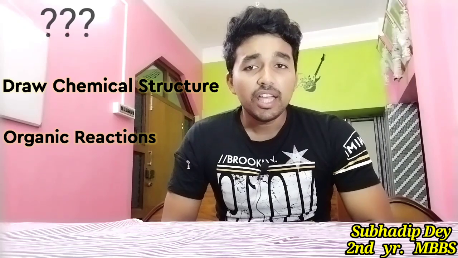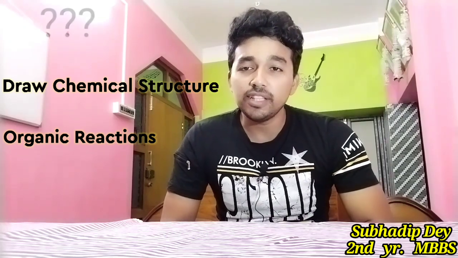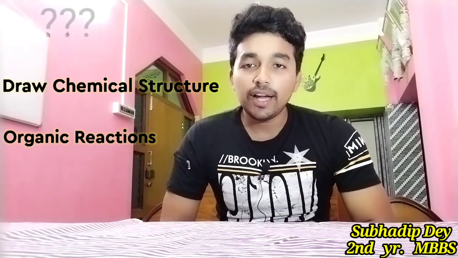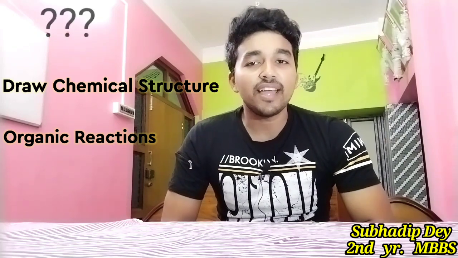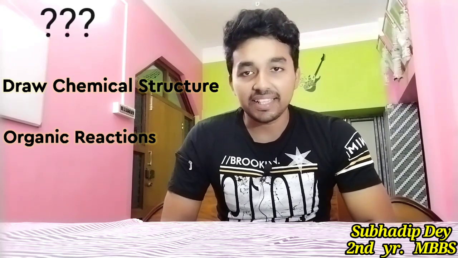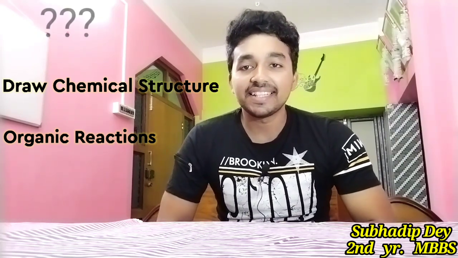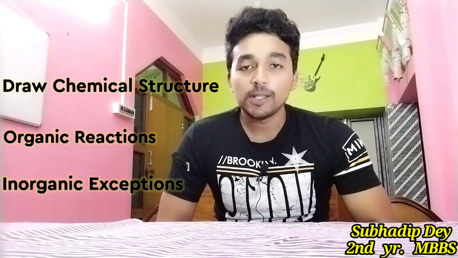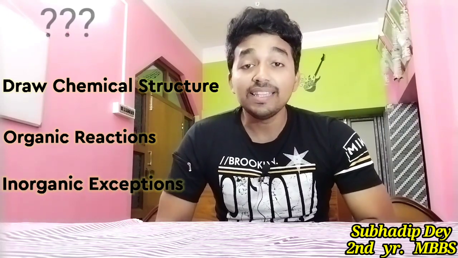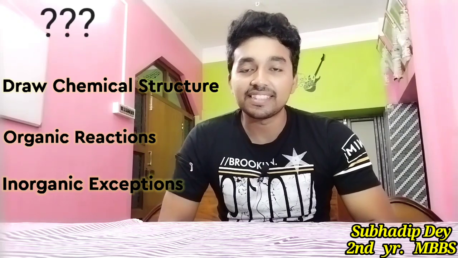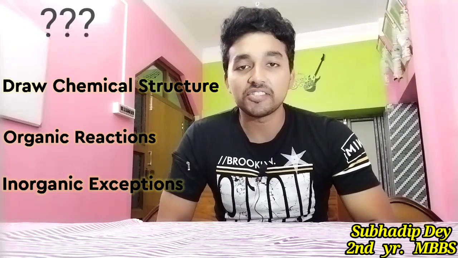And believe me, if you learn the concepts of this chapter properly, you can do difficult organic reactions आँख बंद करके. And not only organic, this chapter also answers all the so-called exceptions of inorganic chemistry. So, introducing the chapter chemical bonding.